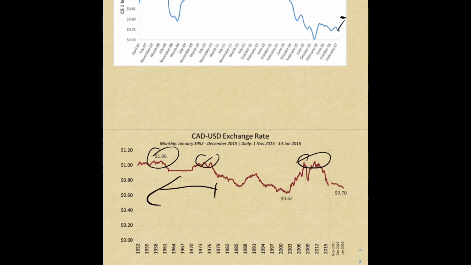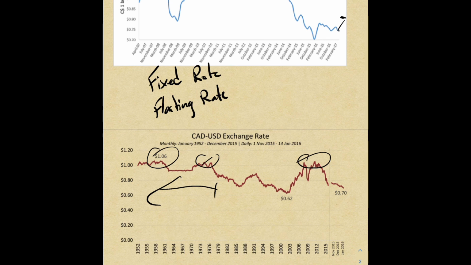Well, all of this, don't even bother looking at it, because that is the difference between when we were on a fixed rate and now we're on what's called a floating exchange rate. Now, a fixed rate is when your country, your central bank, so the Bank of Canada, pegs your currency to another currency, or it pegs it to a basket of goods of other currencies.